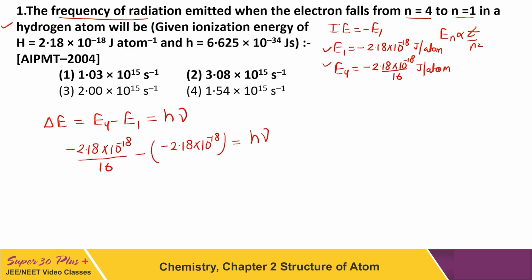We already know the value of Planck constant h, which is also given in this question, 6.6 into 10 to the power minus 34. So finally this value will become 15 by 16 into 2.18 into 10 to the power minus 18 equals h nu, which is 6.6 into 10 to the power minus 34 into nu, the frequency.